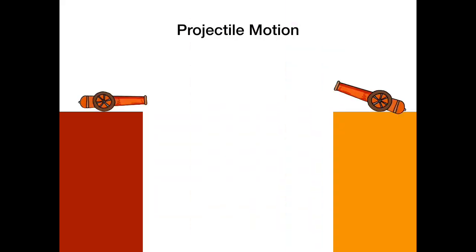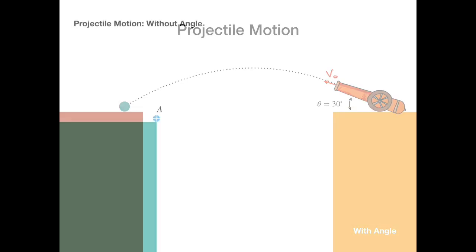We can divide the types of projectile motion into two. The first one is without a shooting angle, and the second one is with a shooting angle. Consider a ball at point A at a certain height h.